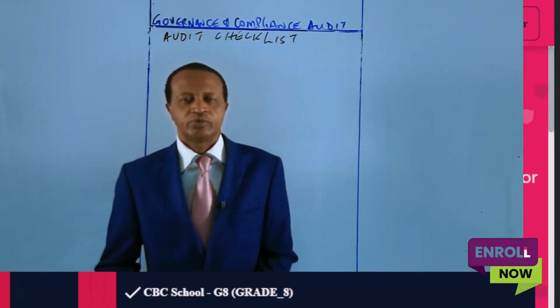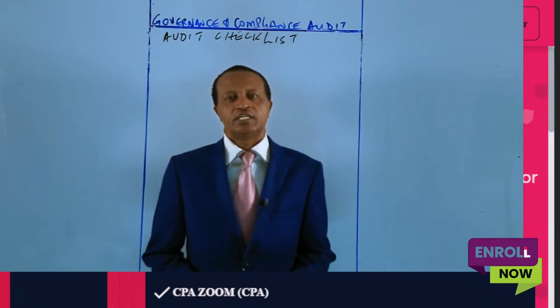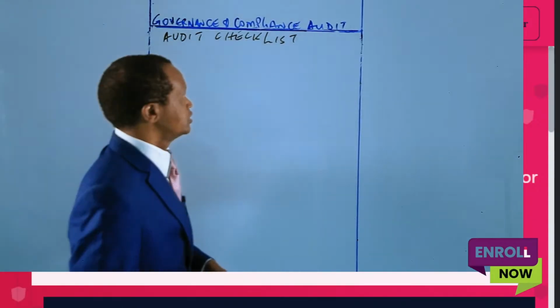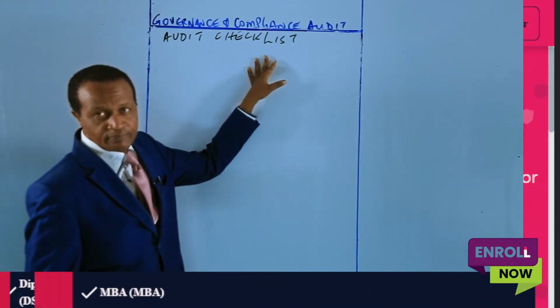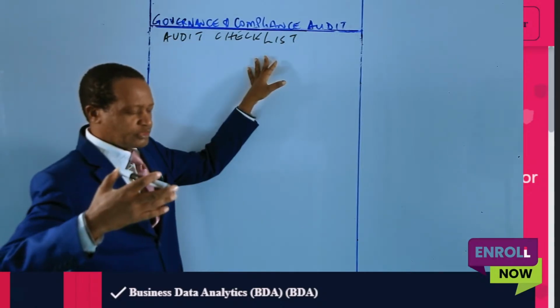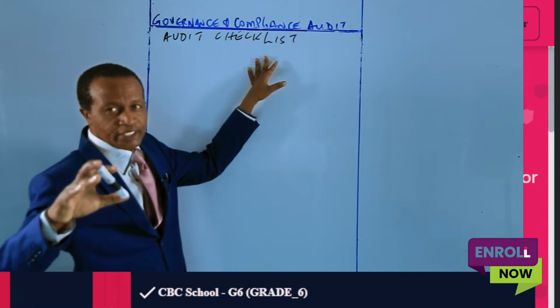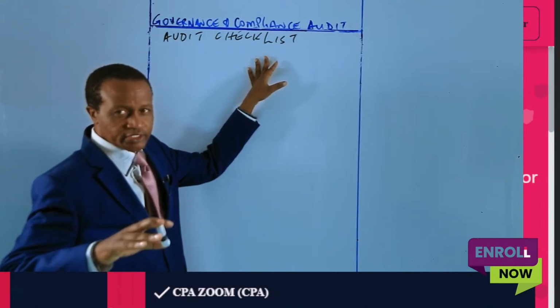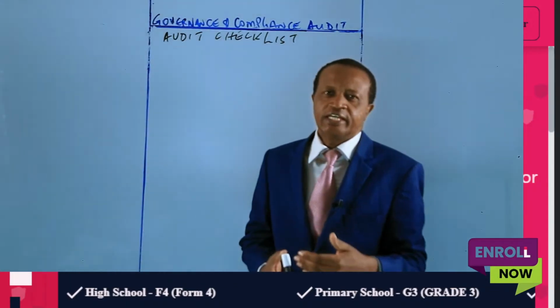I greet you all and welcome you back to the governance and compliance audit lesson. Today, our focus is on the governance and compliance audit checklist, which is a practical tool used in the planning phase to ensure that all critical aspects of the audit are considered and addressed.